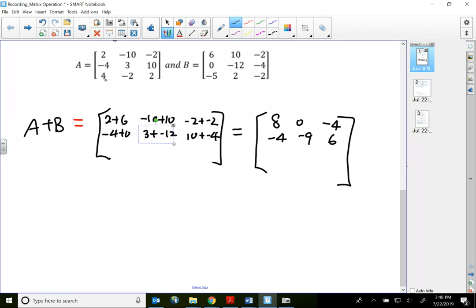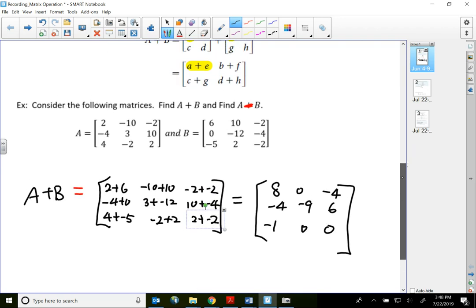Row 3, column 1, 4 plus negative 5, which is negative 1. Negative 2 plus 2, 0. 2 plus negative 2, 0 again. So here is my resulting matrix.